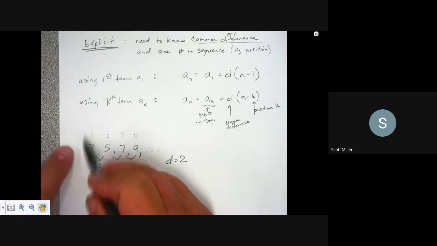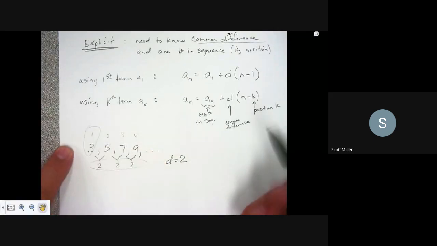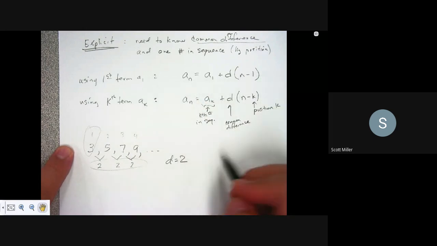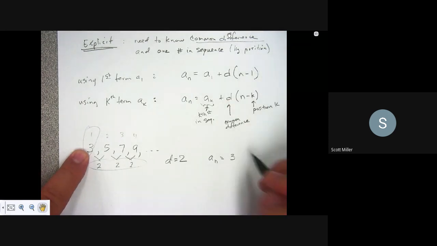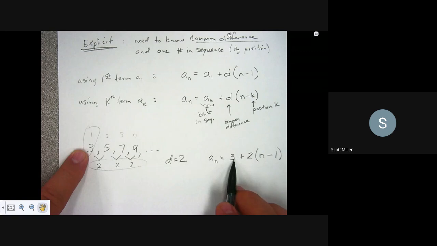If I use the first position right there, then I will use this rule. My rule is going to be the number in the first position plus the common difference times n, the input, minus position 1. That's the first number in the sequence, and that means position 1.